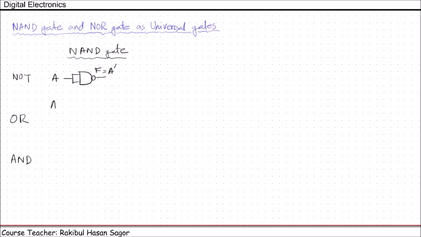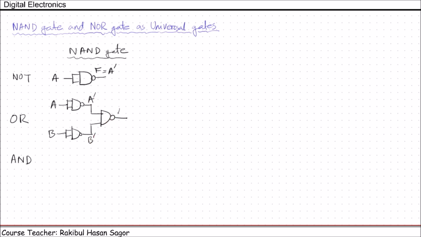Now the OR gate implementation using NAND gate. For two input OR gate, we have a and b. A should be passed through one NOT gate. That means the NOT gate implemented by NAND gate. They must be passed through another NAND gate. Here we'll get a prime, b prime.